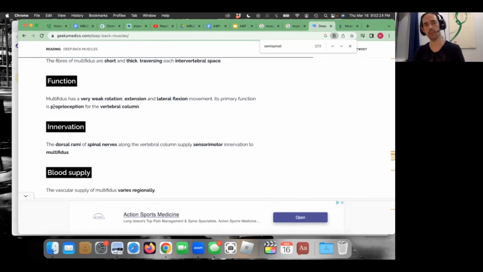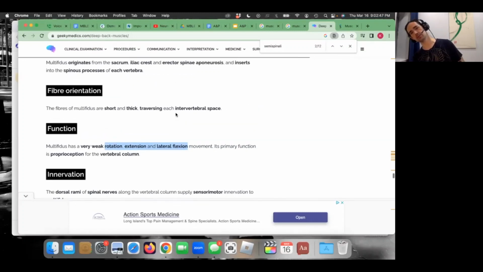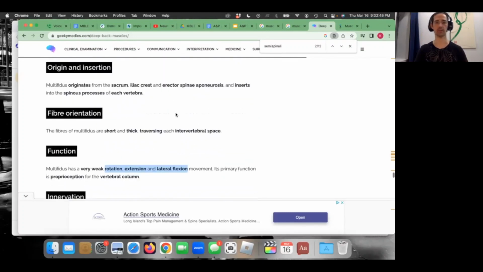Mainly proprioception for the vertebral column, but they do function in rotation, extension, and lateral flexion. So do those movements as we're saying them. Rotation is rotating through the spine, extension is extending the spine, and lateral flexion is bending to one side.